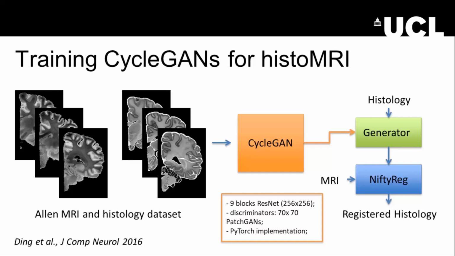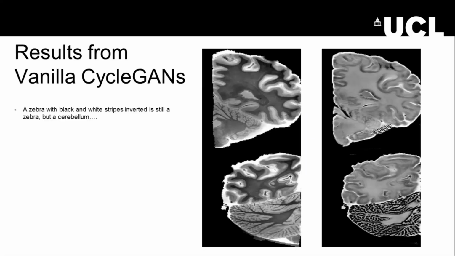Of course, since we are learning both the mappings, this will work also using a real MRI and obtaining a fake histology, and so on. This is the classic PyTorch implementation with the 9 blocks ResNet and the PatchGAN discriminators. And let's see what happens.